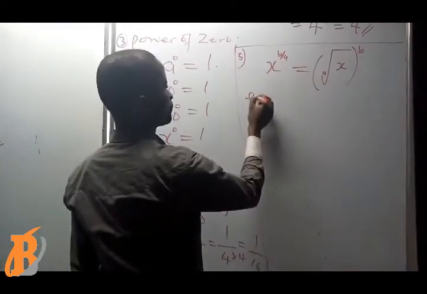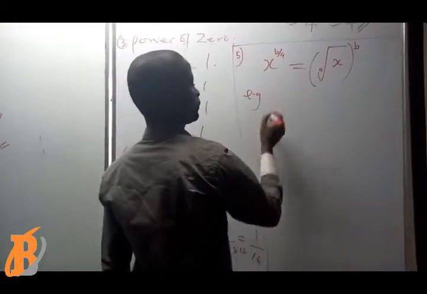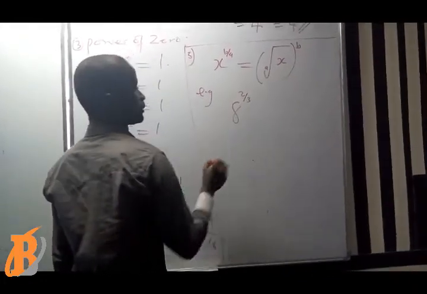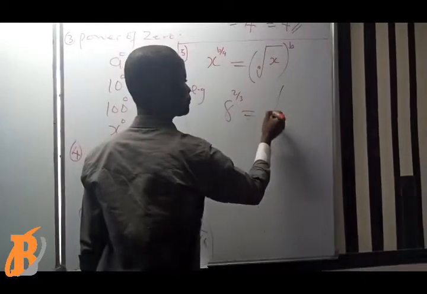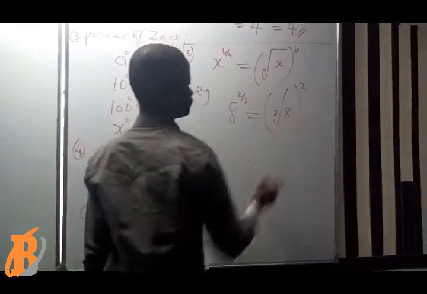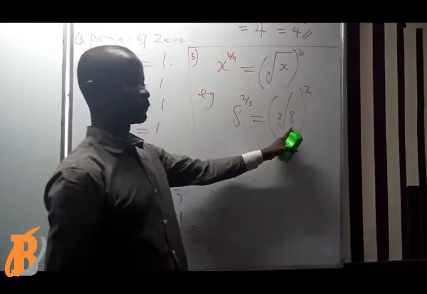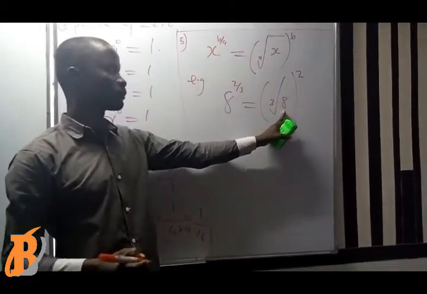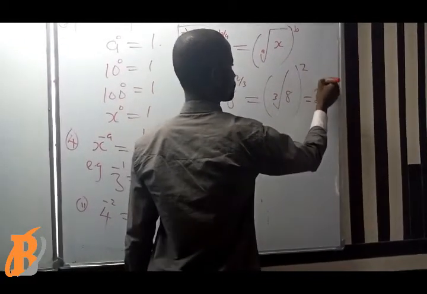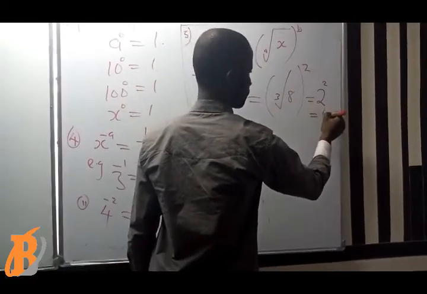For example, when you have 8 raised to power 2 over 3, it's the same thing as the cube root of 8 to the power of 2. Now what is the cube root of 8? The cube root of 8 is 2. That will be equal to 2 raised to power 2, and then the answer is 4.